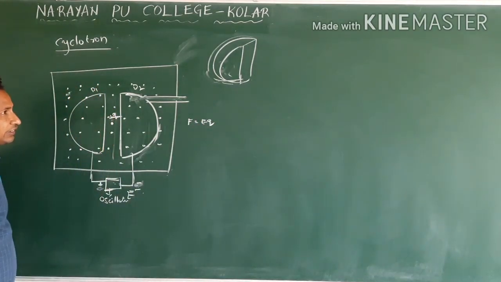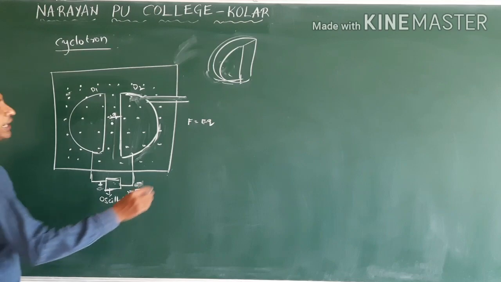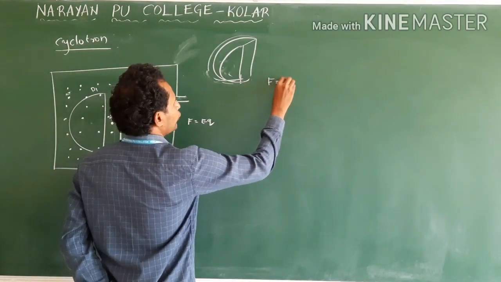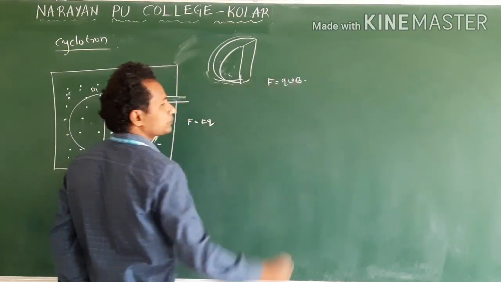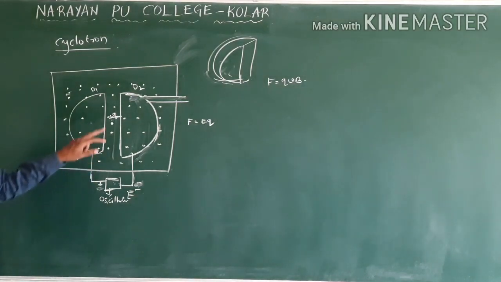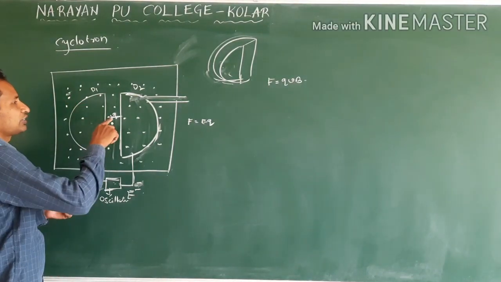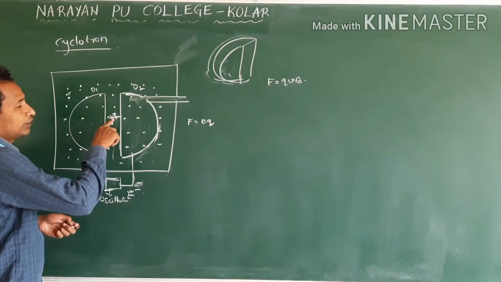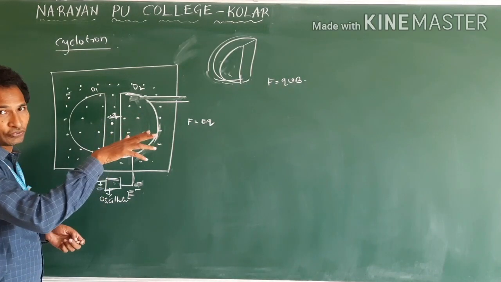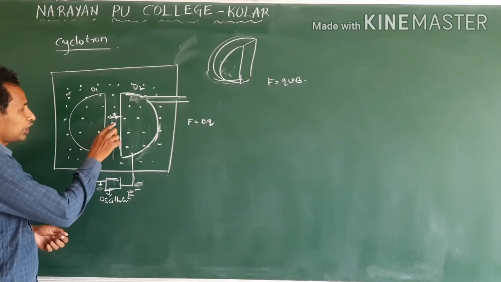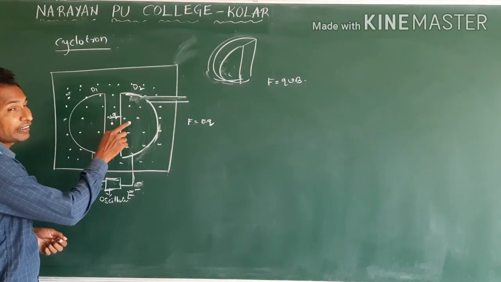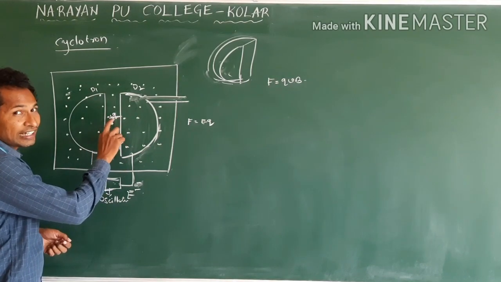Initially at rest. So what is the magnetic force formula? F is equal to QVB. Initially at rest. Clear? Magnetic field acting like this. Charged particle at rest, velocity 0, so there is no magnetic force. Clear? Now we apply the negative potential. It attracts, it starts, it accelerates.